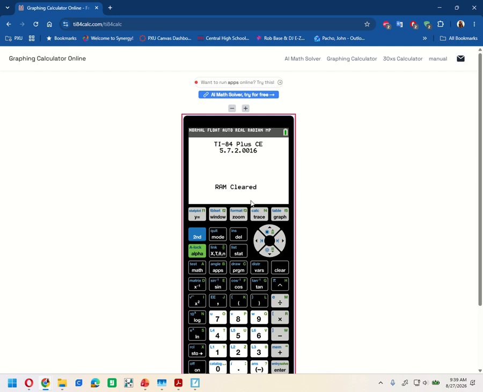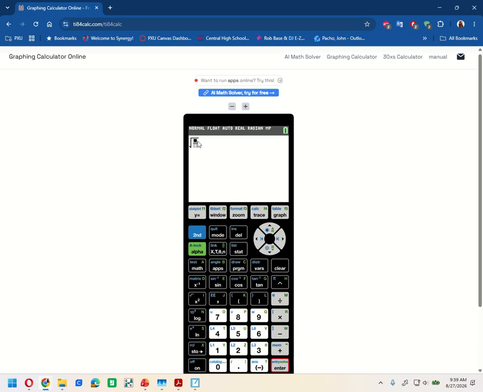Calculator. I'm going to start by going math. No, actually, let's do the square root first. So second, square root. Now inside that square root, I'm going to put a fraction. So that's going to go math over here to fraction where it says n divided by d. So numerator divided by denominator. And so I could actually enter it like this.